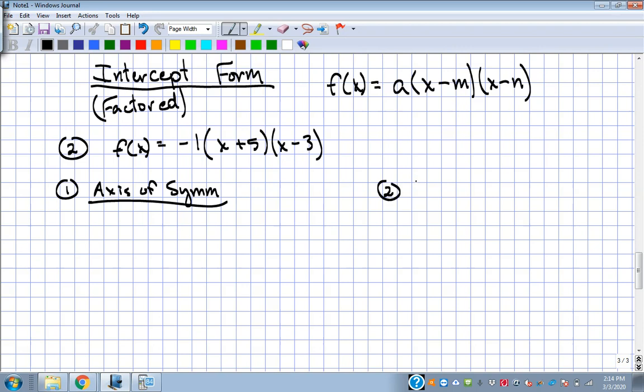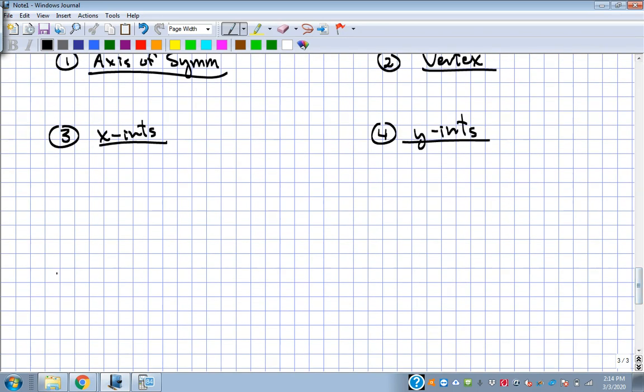We're going to find the vertex, the x-intercepts, the y-intercept. And then we'll scroll down here and do the table and then the graph.